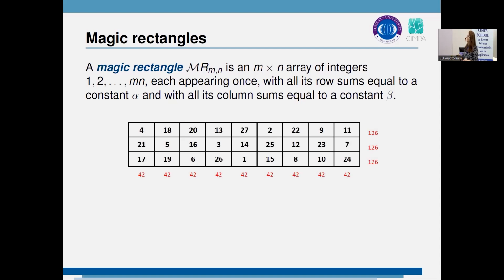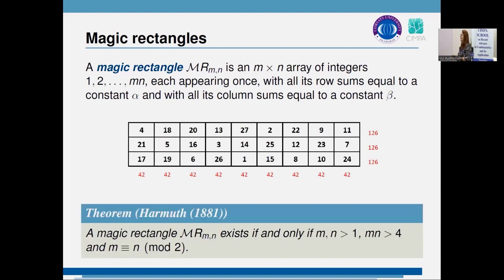And it is known, this is a very old result, that a magic rectangle exists if and only if we have at least 2 rows and at least 2 columns, and the product of m and n must be at least 5. And a very important piece of information is that m and n must have the same parity. This will guarantee us the existence of such magic rectangles.